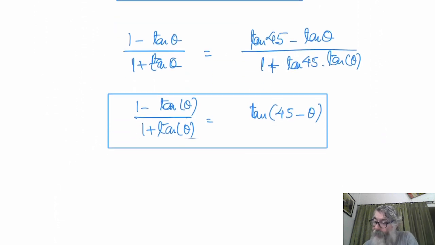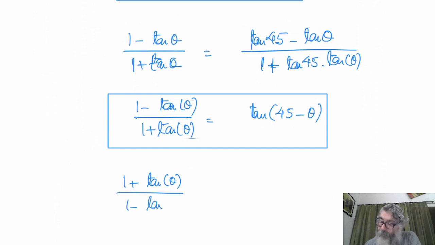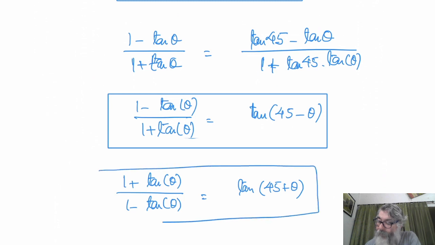I can write the second formula also. 1 plus tan theta upon 1 minus tan theta is also equal to tan 45 plus theta. It is important to remember these formulas. Please remember these formulas.